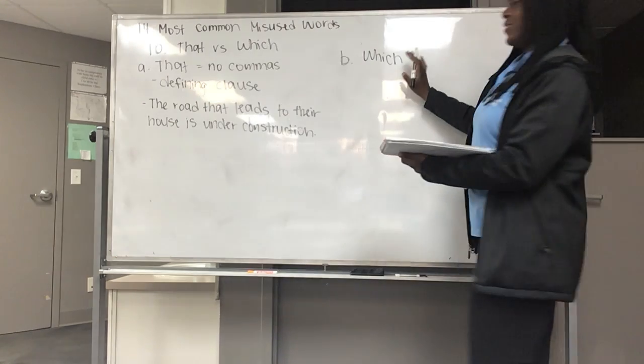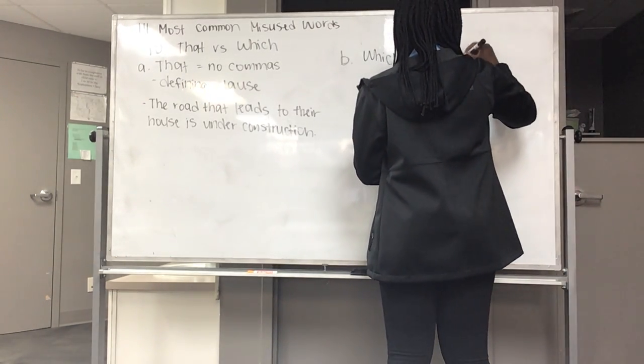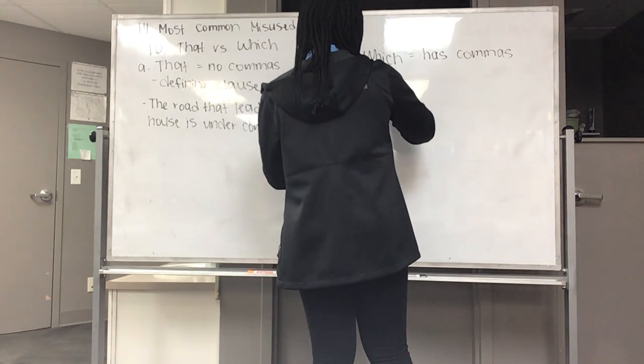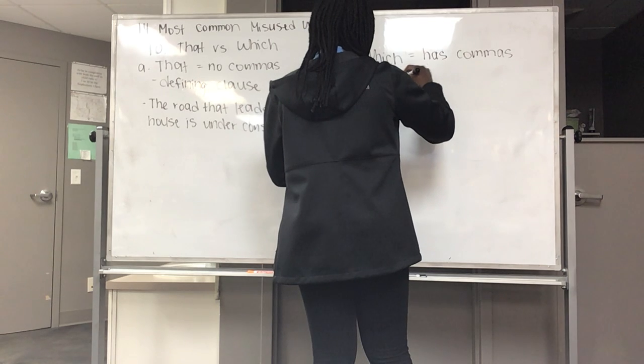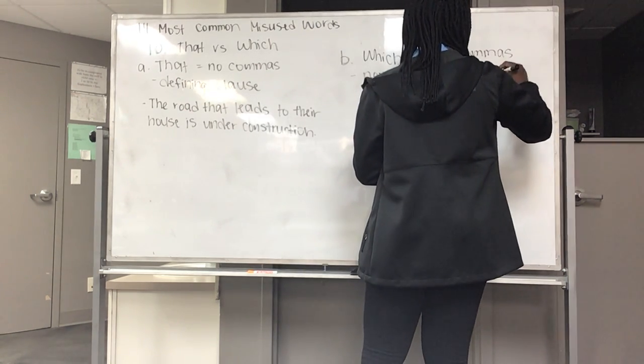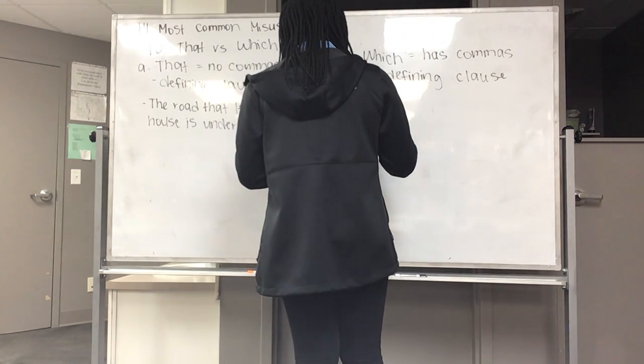So when you see which, you should usually see commas along with it. That is because after which usually comes a non-defining clause. And so we're actually going to use the same example sentence.